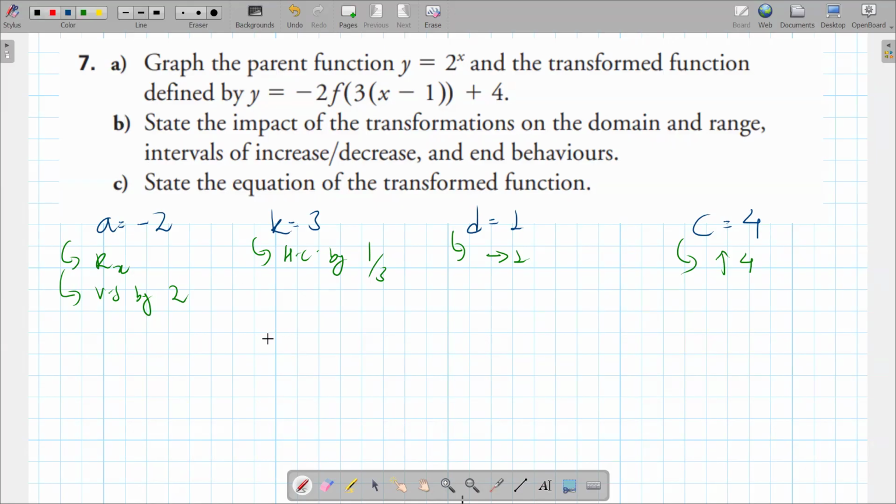So our parent function is 2 power x. What are some points on the curve 2 power x? Let's see. I'm going to start with this one, -1. What's 2 power -1?